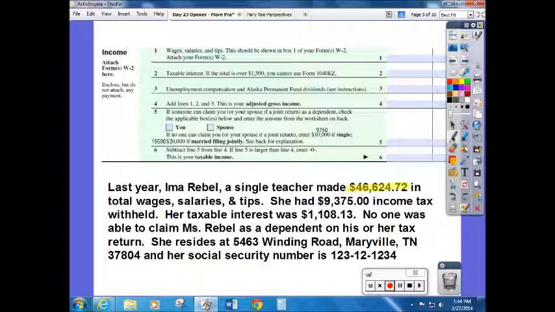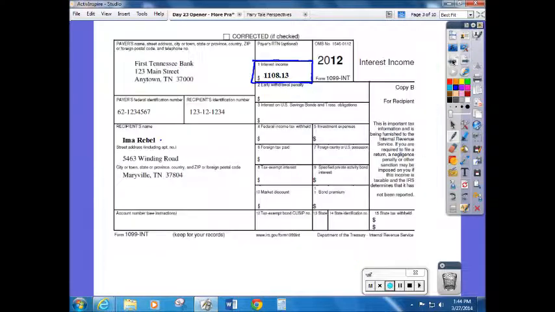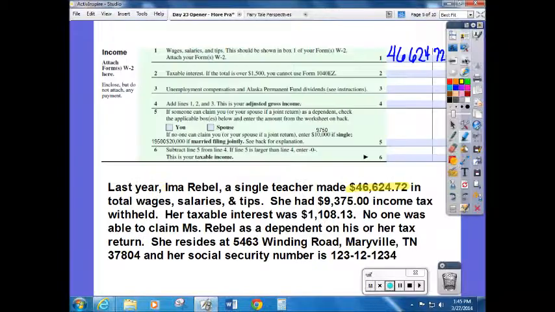So $46,624.72 is what we have for wages, tips, and salaries. Line 2, taxable interest. That is interest that is paid to you by the bank. We find that on our 1099-INT, box 1, $1,108.13. We also have it in our instructions here.